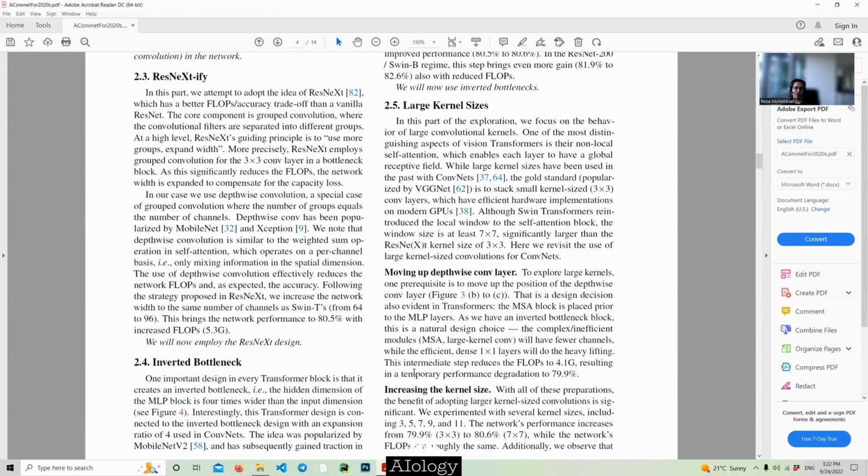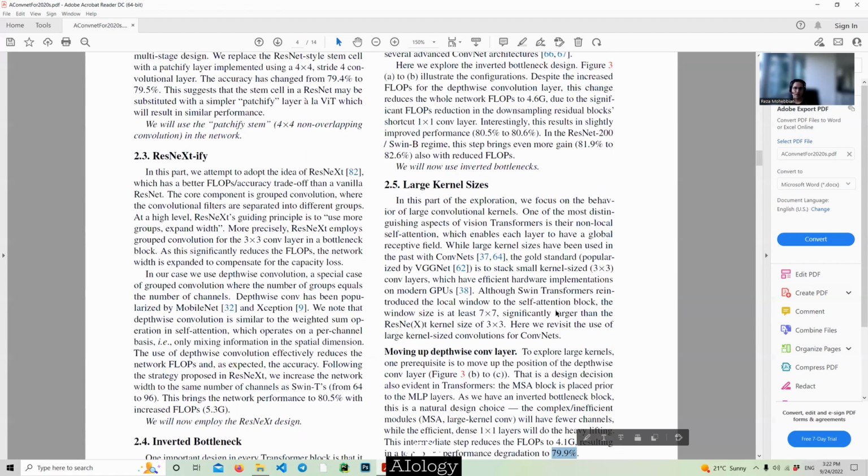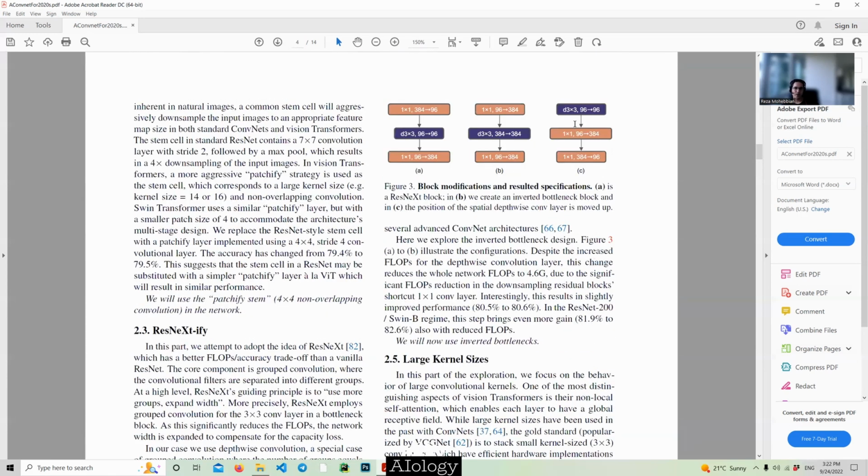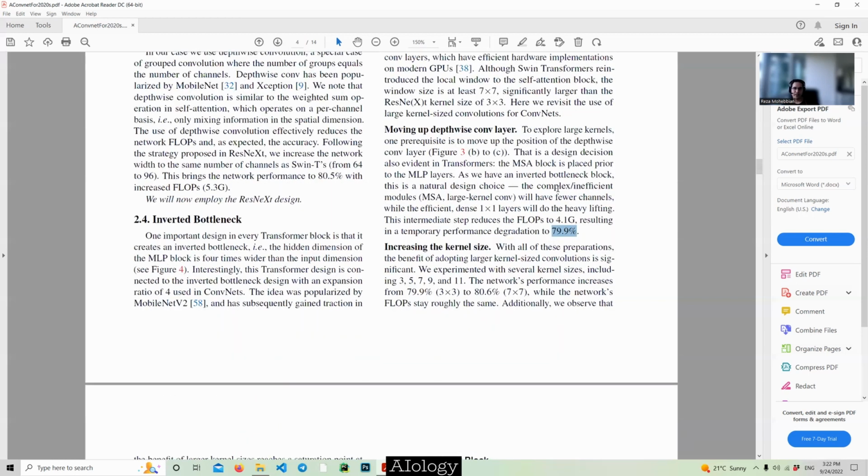This intermediate step reduced the flops to 4.1, resulting in a temporary performance degradation to 79.9. So these changes, as I said, don't always gain performance, but they reduce the number of flops. And when they increase the kernel size, they regain the performance. From 79.9, the network performance can get to 80.6 with a 7 by 7 kernel size.